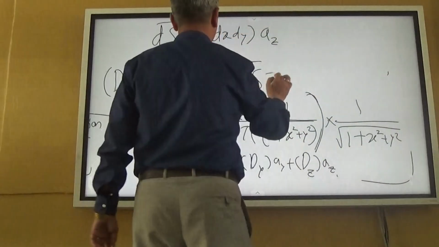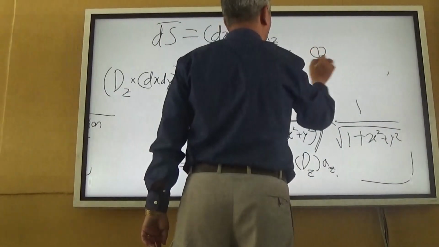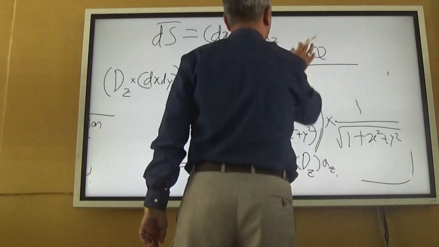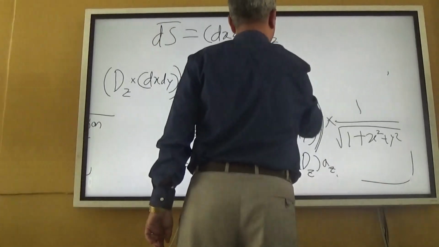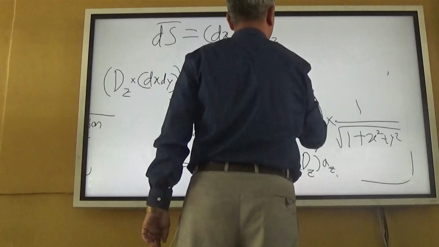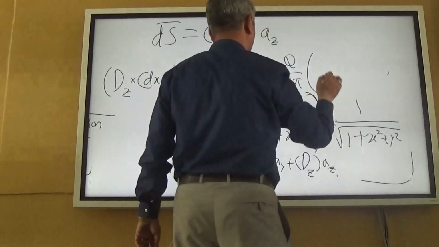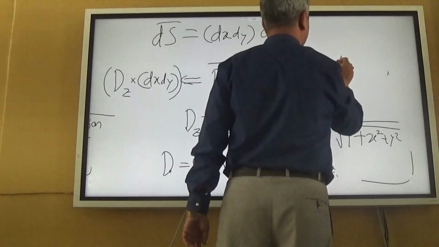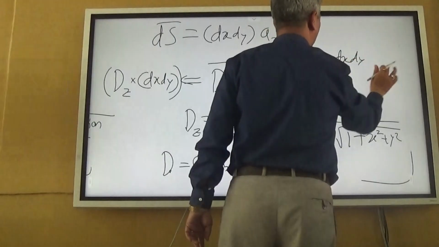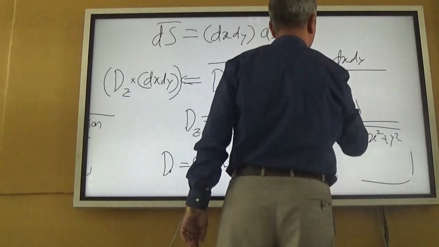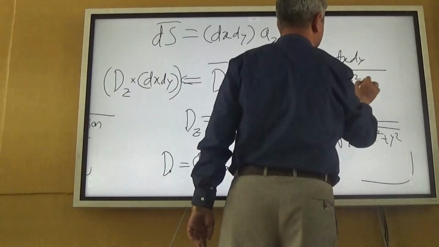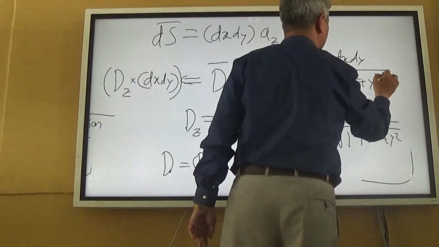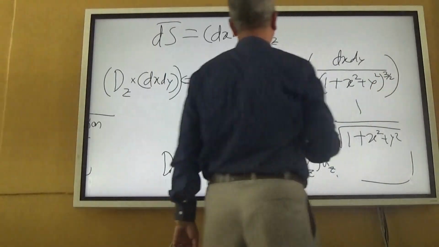So D dot ds will be q upon 4 pi, which will be outside because that is a constant, into dx dy upon 1 plus x square plus y square raised to 3 by 2. Is it right?